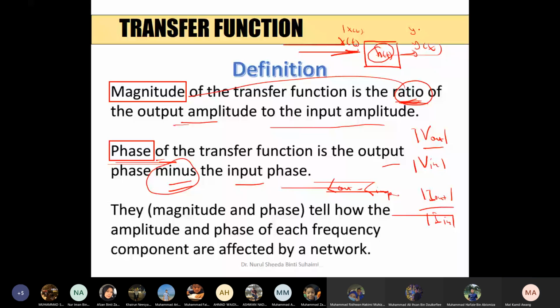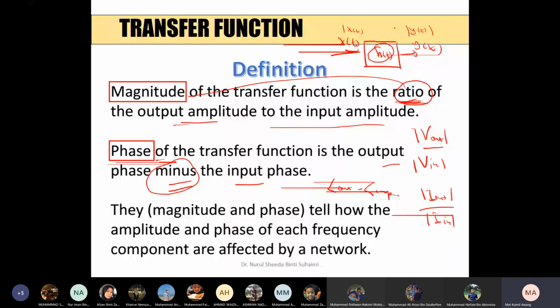So how does it affect? Whether it is scaling, increase, or decrease, whether it is shifting or what, whether it is an increase or decrease for the magnitude.